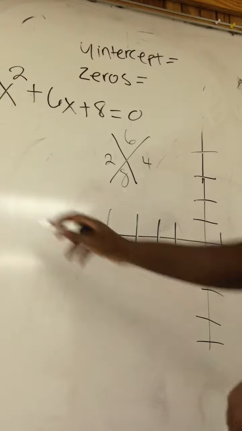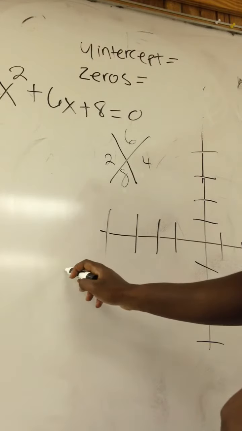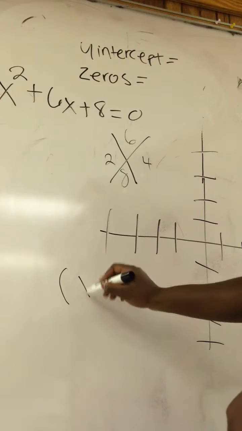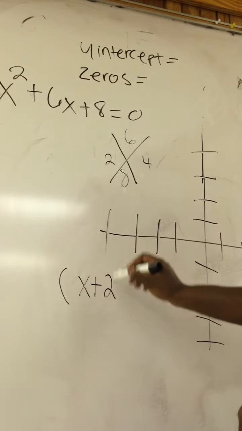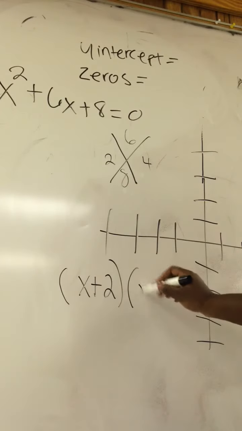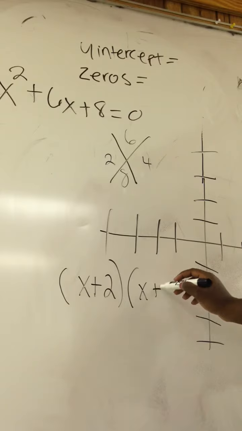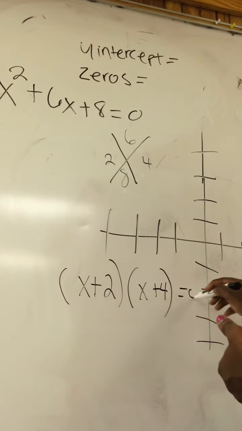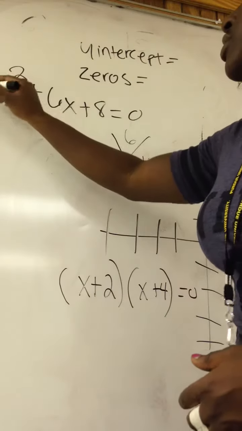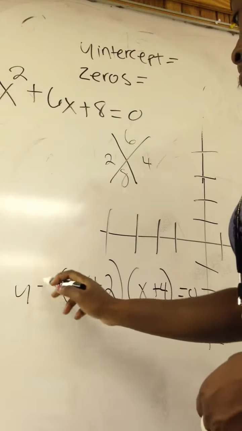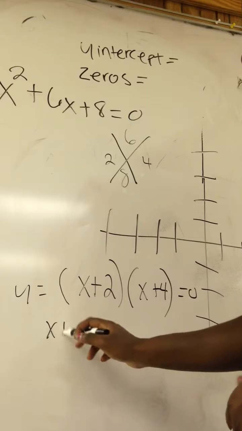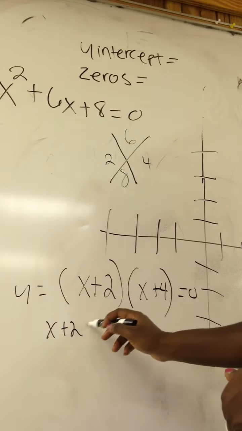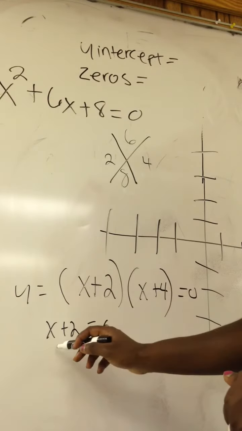So my factors will be x plus 2 and x plus 4. So I want to set these both equal to 0. So I'm going to take x plus 2 equals 0.